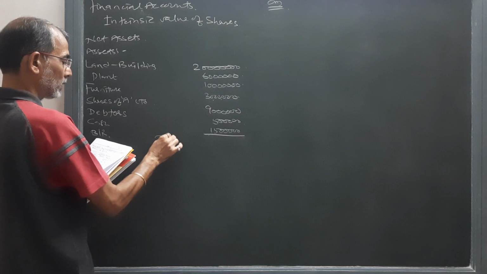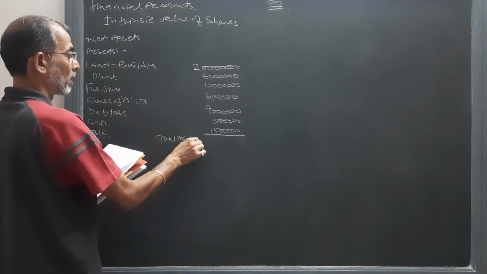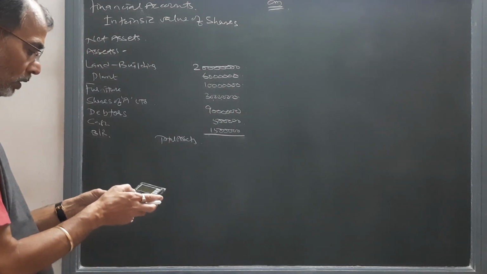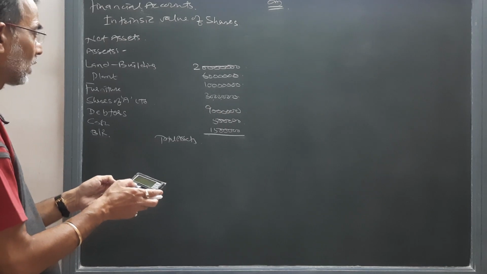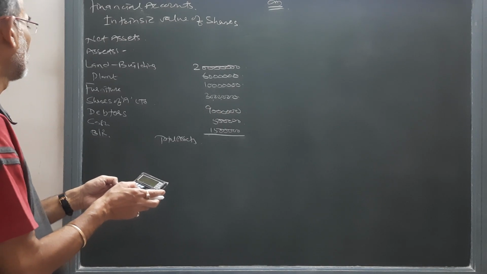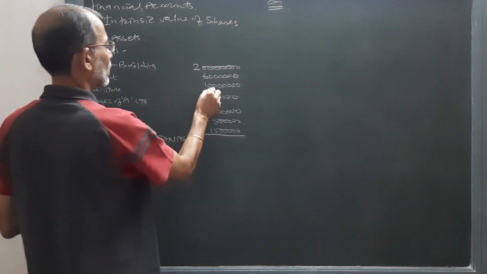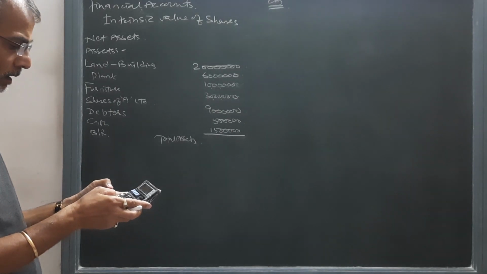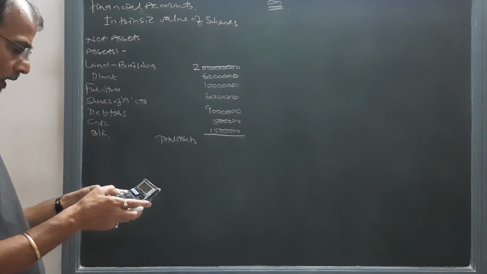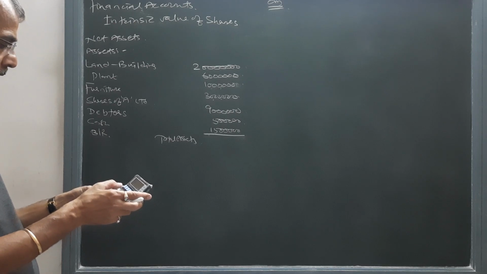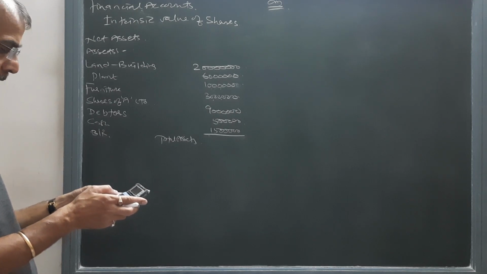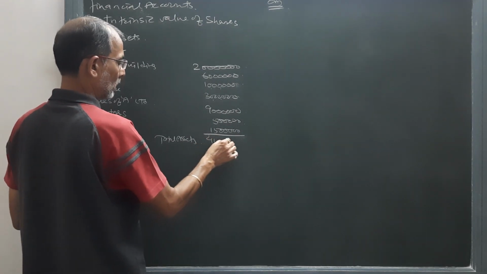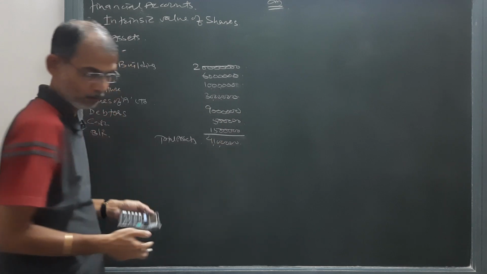This will be total assets, and that will be 2 crore plus 60 lakh plus furniture is of 10 lakh only, plus 30 plus 90 plus 20, that is 4 crore 10 lakh.